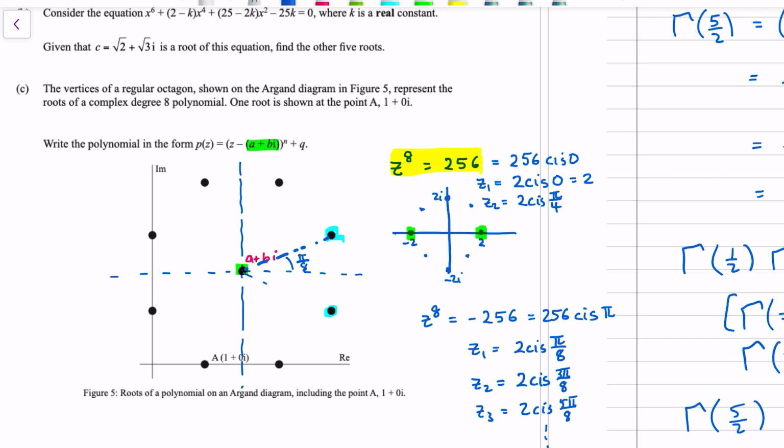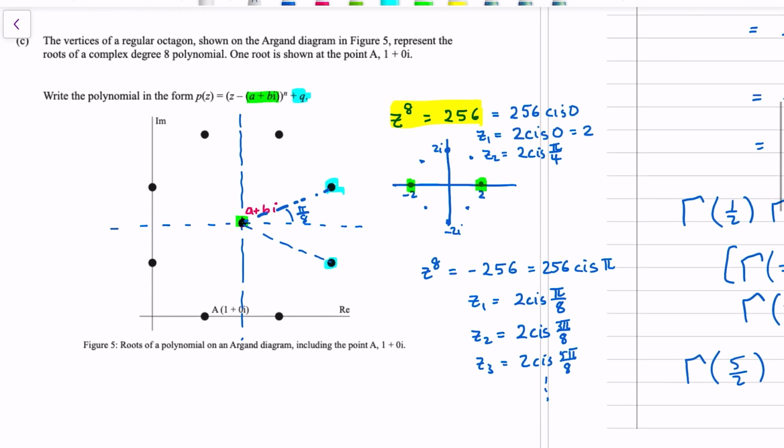The angles are spaced by pi over 4, so pi over 8 it is, and therefore our q, which is here, needs to be a positive number, because on the other side of the equation it would be a negative. Okay, so we need to find the center, and we need to find that q.